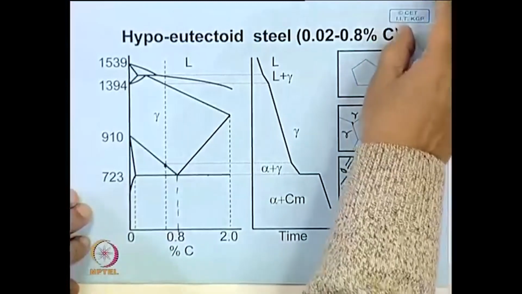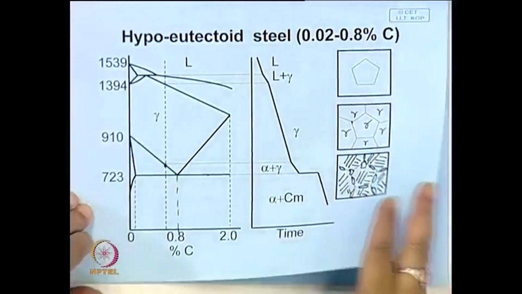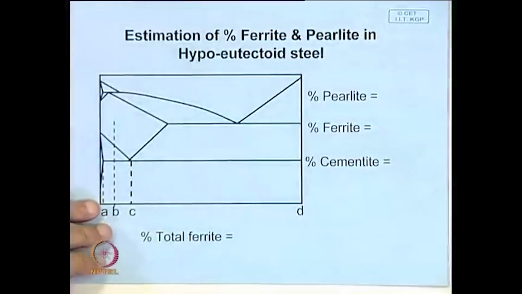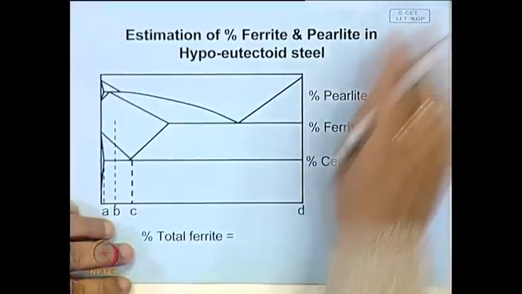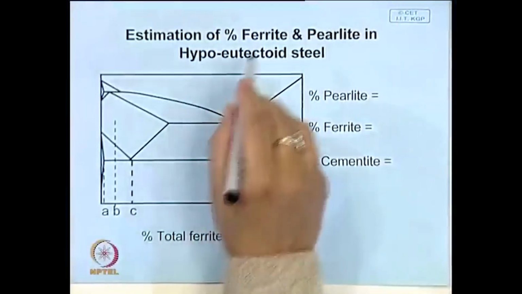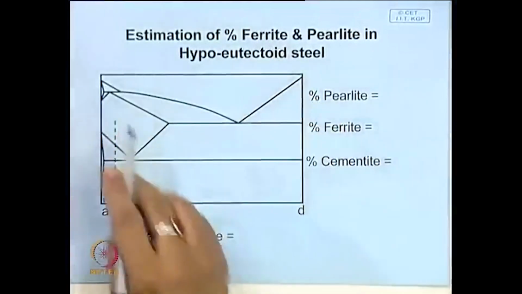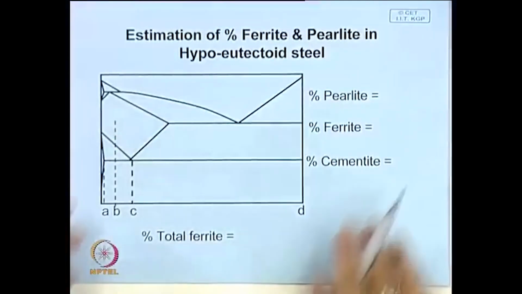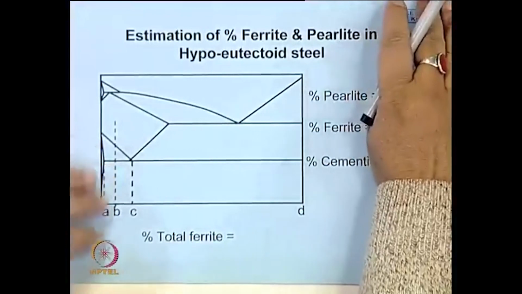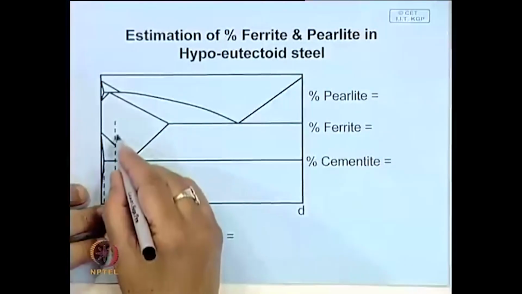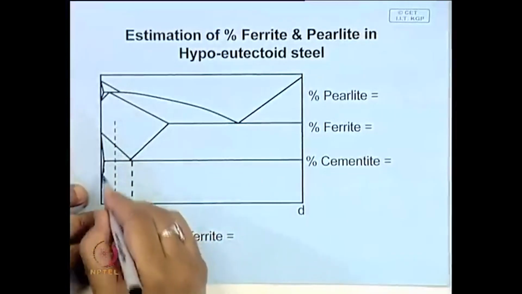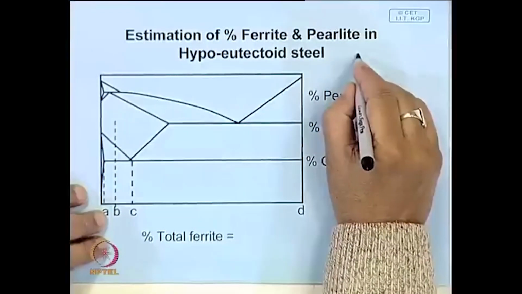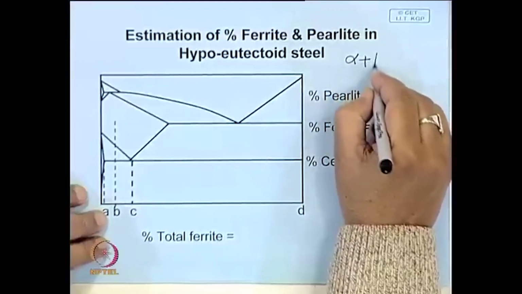So, this is the case of a hypoeutectoid steel. In the same way, you can estimate. Just now we estimated the amount of cementite in a eutectoid structure. Now, in this structure, if this is the composition, the structure will consist of ferrite plus pearlite.